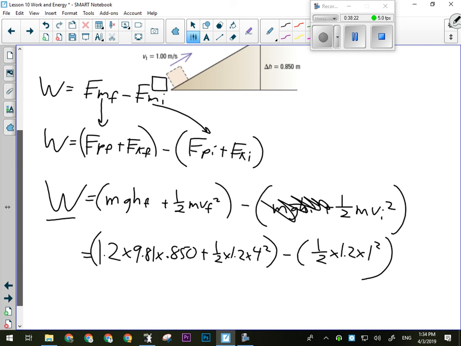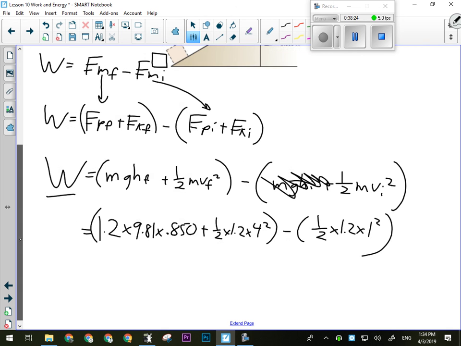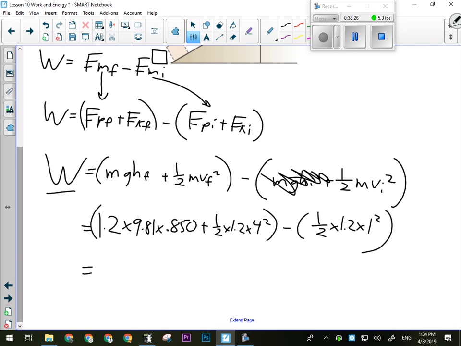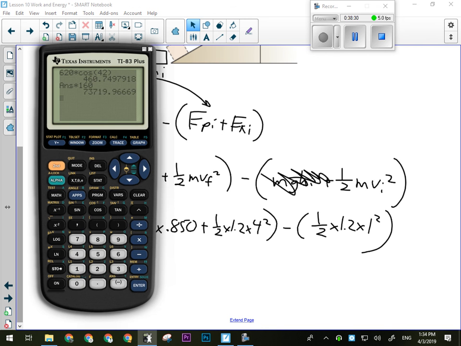It's not very much. Okay. All right. So when I plug all of this in, I'm going to find that this is 19.6 here, I think. So we'll just plug it all back in. But so we have 1.2 times 9.81 times 0.85 plus 1/2 times 1.2 times 4 squared.